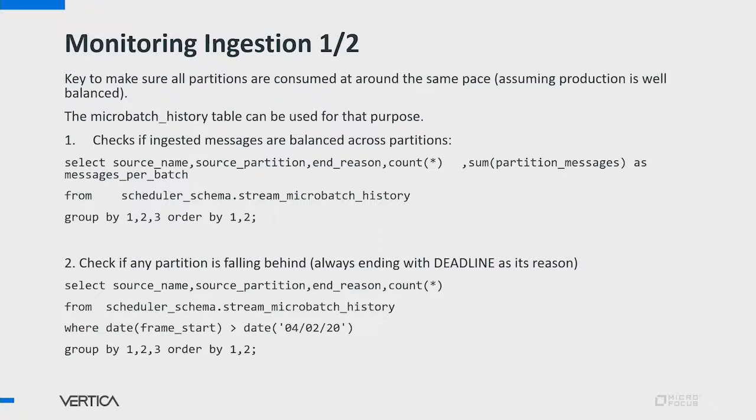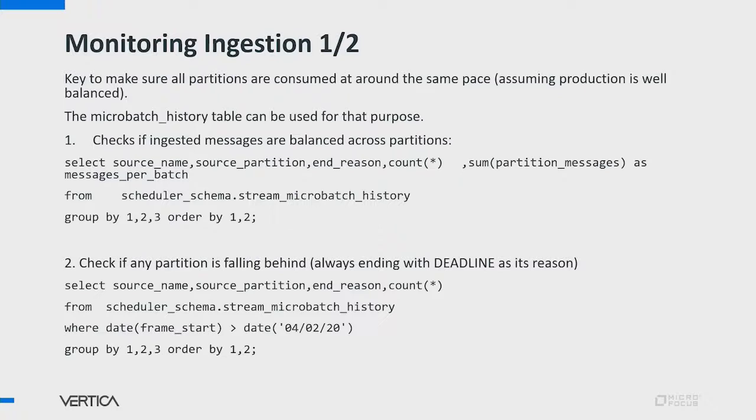One of these tables is stream_microbatch_history. As the name suggests, it stores all the runtime or historical information about microbatches defined for the scheduler. So in terms of monitoring, we can use this table to check if the messages that have been loaded so far are balanced across partitions.